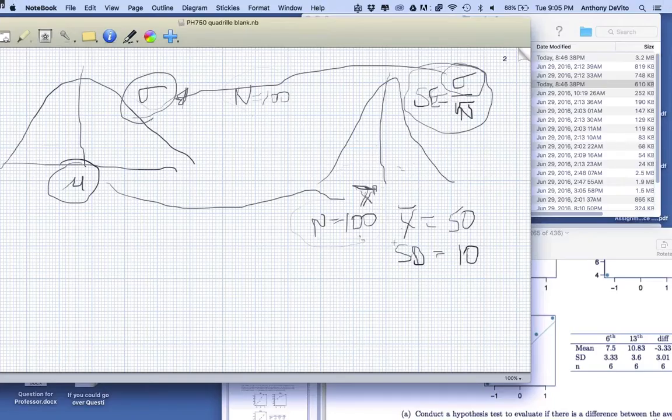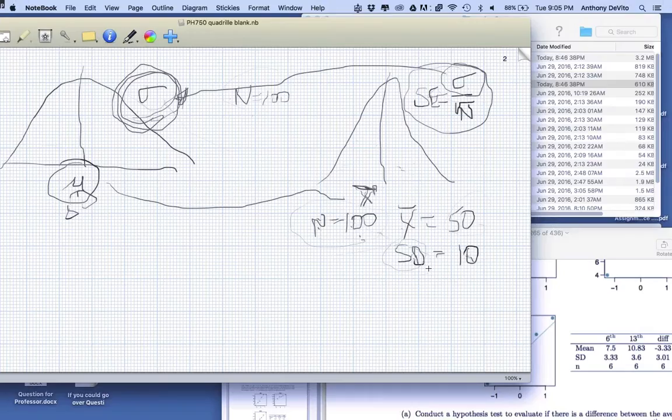Well, we can use the standard deviation of that sample as a substitute for the standard deviation of the population, because just like the mean approximates the mean of the population, the standard deviation of a large sample is going to approximate the standard deviation of the population. It's going to approximate sigma, right? Because it's a random sample.